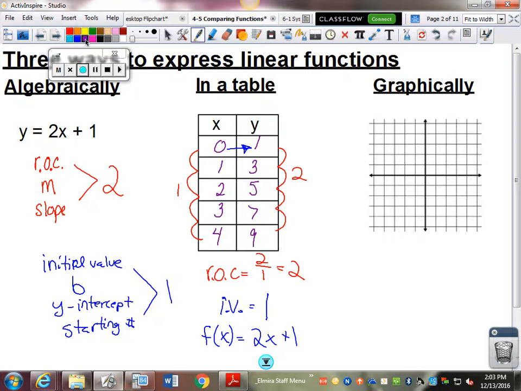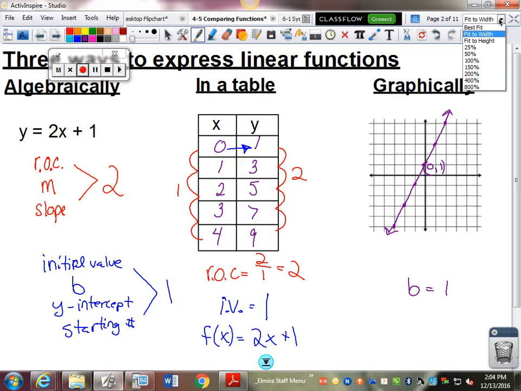And if I had a graph, this point right here would be my b, 1, but it's also a point I could use.